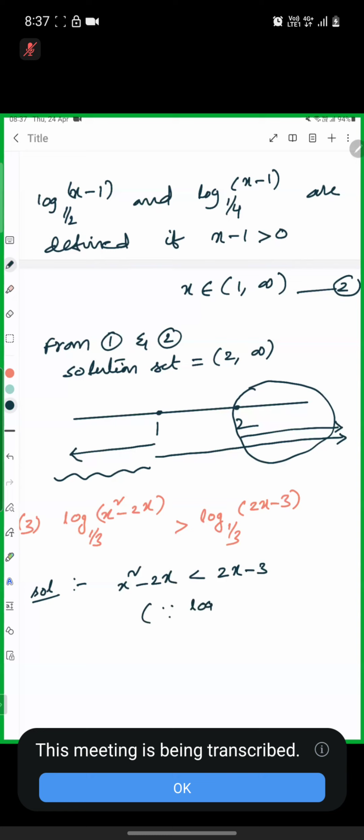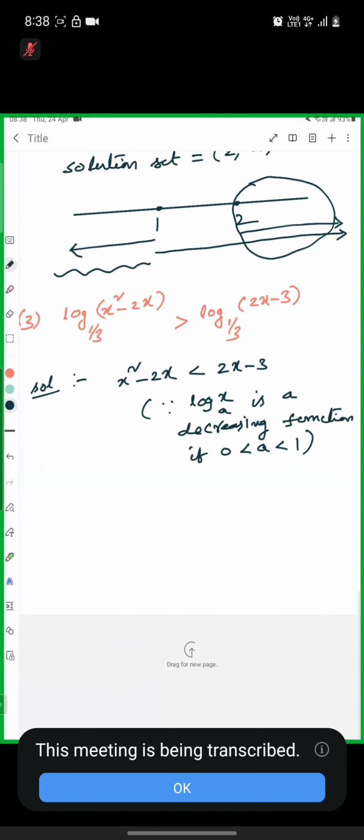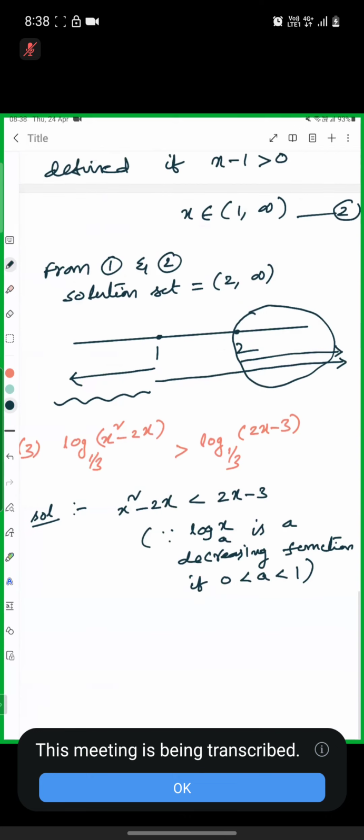Since log x to the base a is a decreasing function if 0 less than a less than 1, for decreasing function, whatever the relation between the x values, opposite relation holds between logarithmic values. And now solve this inequality.